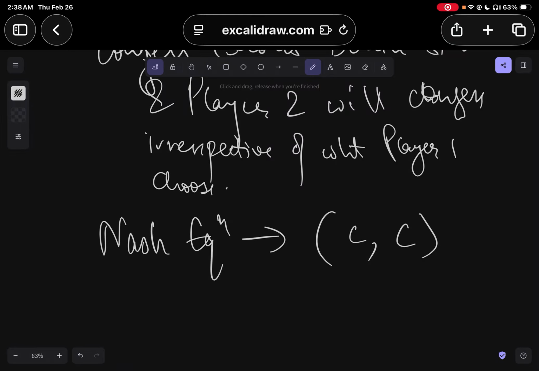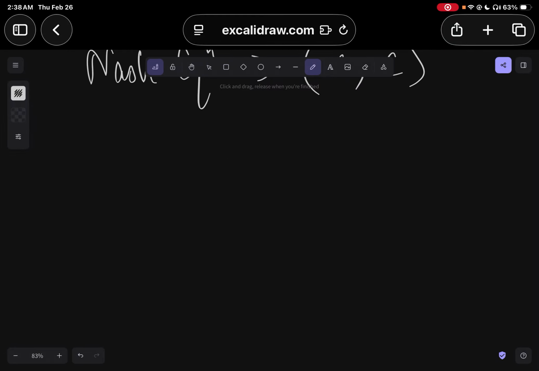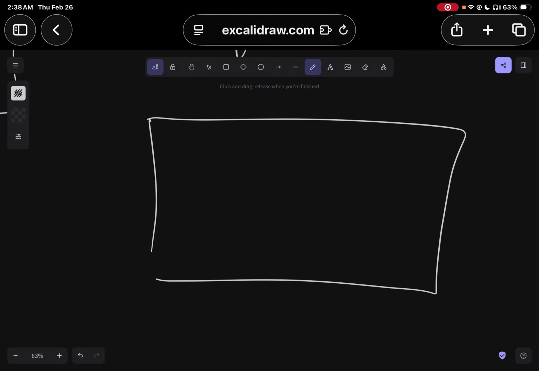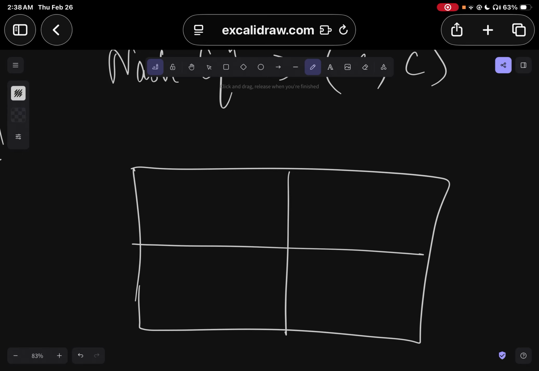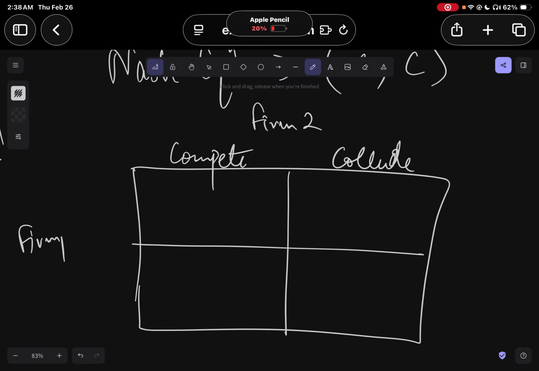Let me draw a payoff matrix for collusion and competition as well. There are two forms, which can either collude or compete. So let me write form 1, form 2, compete, collude.